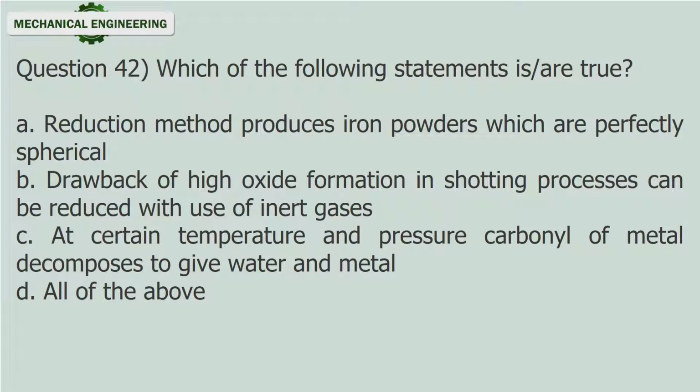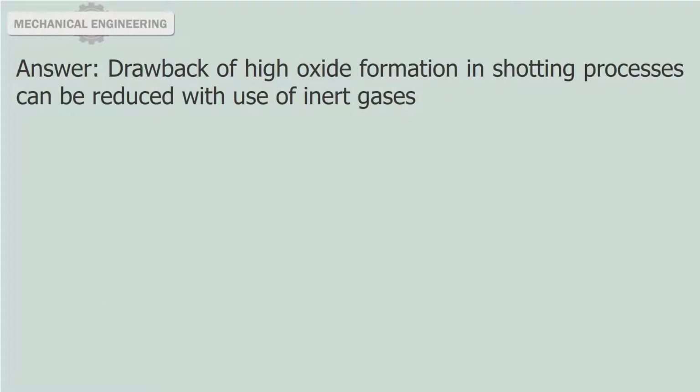C. At certain temperature and pressure carbonyl of metal decomposes to give water and metal. D. All of the above. Answer: drawback of high oxide formation in shotting processes can be reduced with use of inert gases.